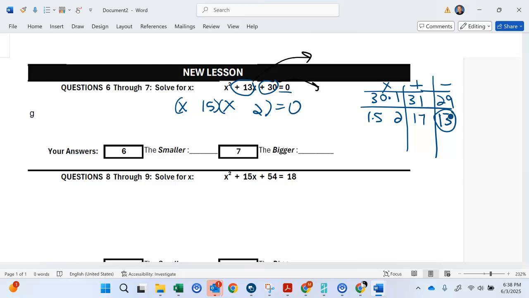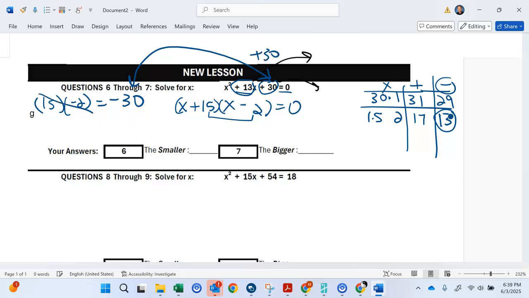But this is minus, so which one's minus? Well, this is a positive 13, so we could go plus and minus, right? But here's the problem. If we go 15 times negative 2, that equals negative 30. But we need positive 30, right? So that's a problem. This does not work.